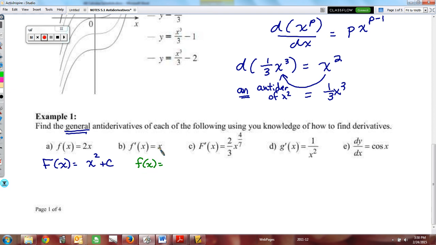Again, you need to have an x squared in here because the derivative of x squared would be 2x, with a 2 in front of it like I did over here. So what I see is that I don't want a 2 in front, I want nothing in front, so there must have been a 1/2. Notice that I added 1 to the power 2 and then I divided by that power instead of subtracting, multiplying, and then subtracting 1. So we're doing the reverse process in your power functions.